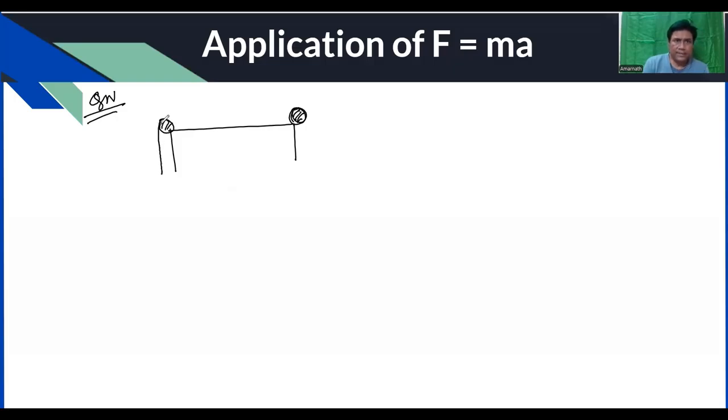And say this is a thread. Same thread. Say this is a 10 kg block. And this is say a 2 kg block. And here is just a spring balance.